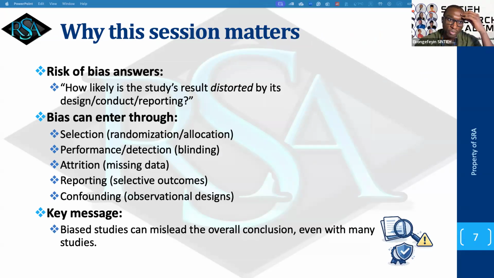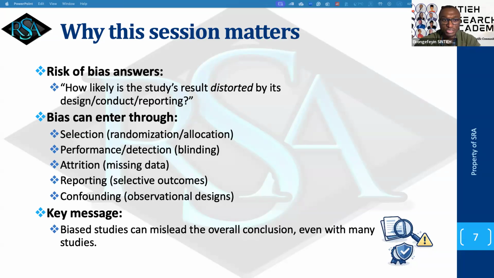So we try to answer how likely the results have been affected by the way they designed the study, by the way they conducted it, or by the way they reported it. Right? So you can have bias based on selection. You might decide to find doctors or your participants based on convenience, and that might influence the quality of your results, right?